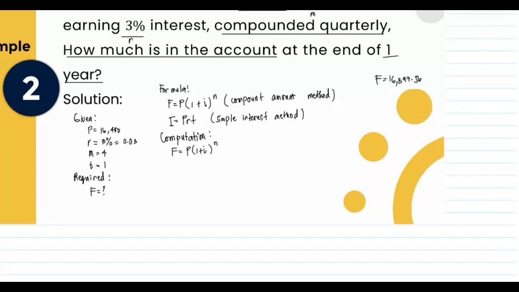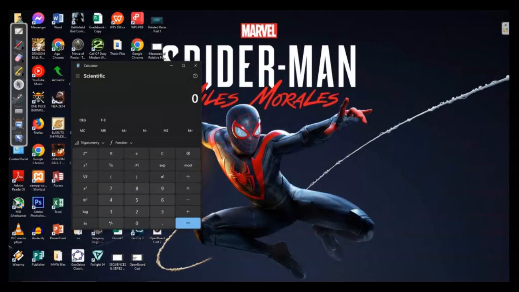I almost forgot about that one, so please add that to our given, so that we could immediately use it on our formula. So I is equal to R divided by M. So it would be 0.03 divided by 4, which is 0.0075.